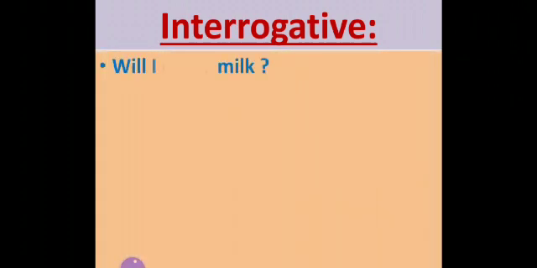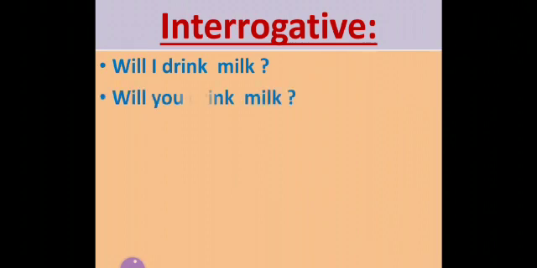Interrogative form or question forms. In the question or interrogative forms, will should be at the beginning of the sentence. For example, will I drink milk? Will you drink milk? The next sentence.